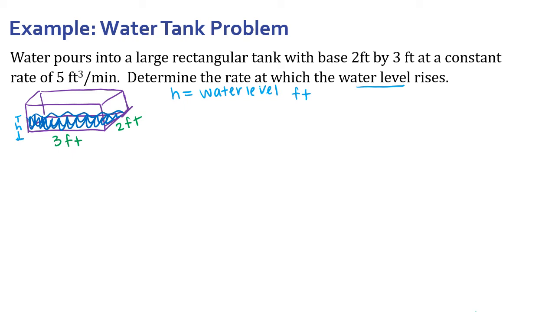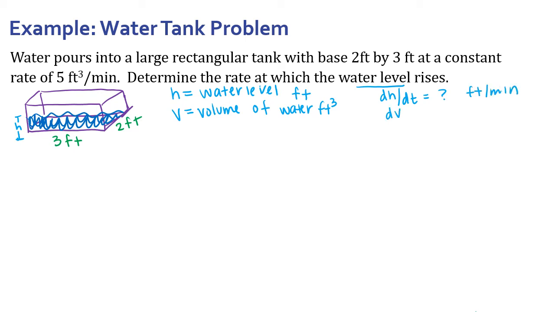So when we hear that, that should hopefully tell you volume. It's how much it's changing. Again, it's how much water is going in. That's the volume of water that's getting put in. So let's let V equal the volume of water in terms of feet cubed. So then I'm solving for dH dt, and that's going to be feet per minute.